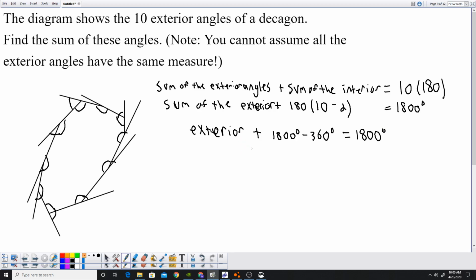Now, going further, if I subtract 1800, they cancel out. And if I add 360, we have that the exterior angles equal 360 degrees.